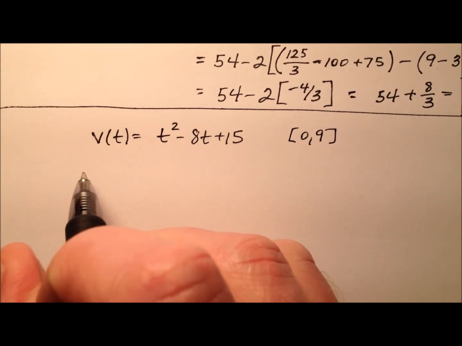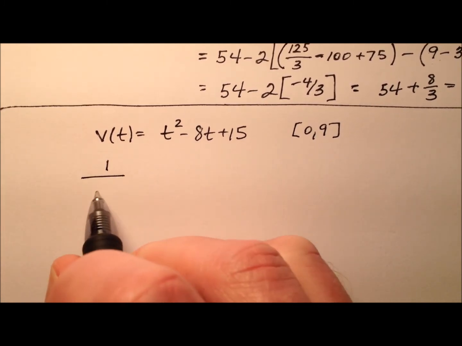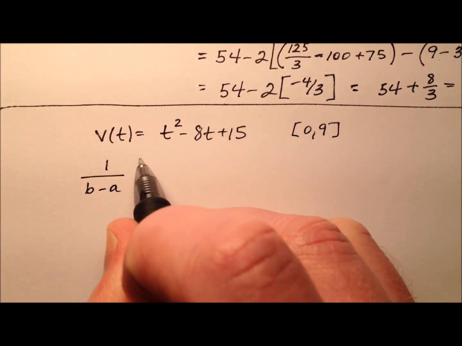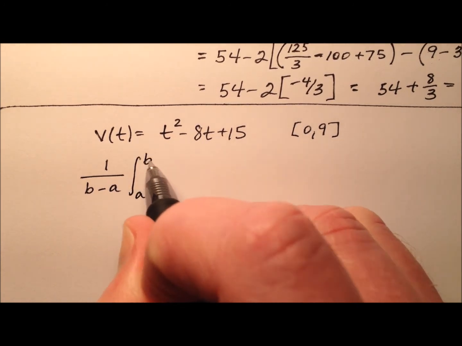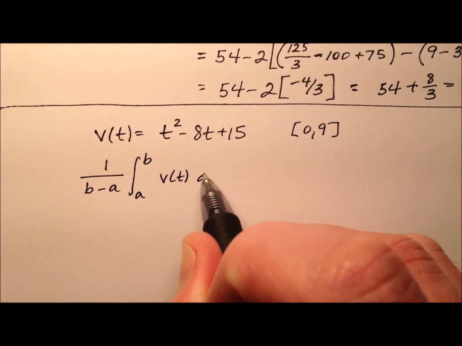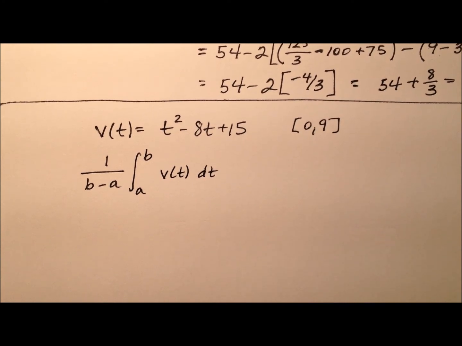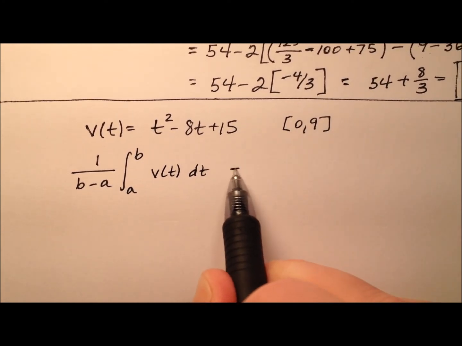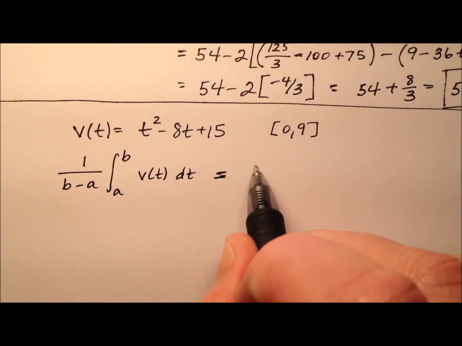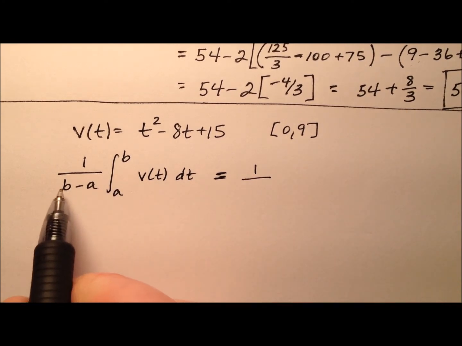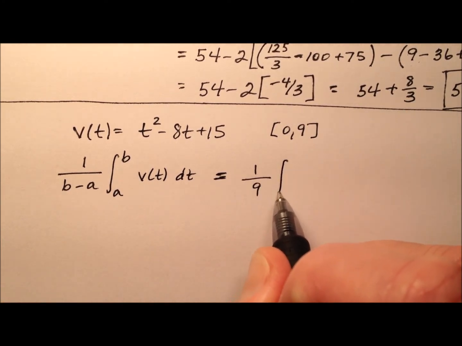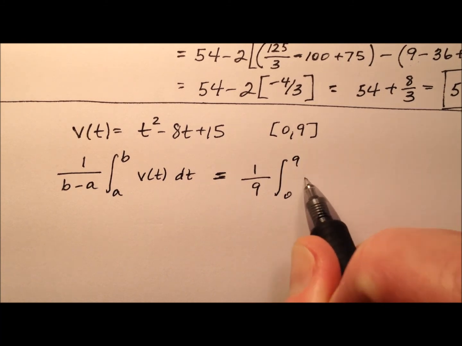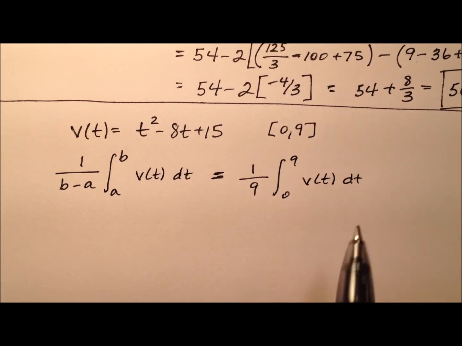Our average is going to be 1 over b minus a times the integral from a to b of our velocity. So let's plug these values in. It's 1 over 9 minus 0, which is 1/9, of the integral from 0 to 9 of our velocity with respect to t.